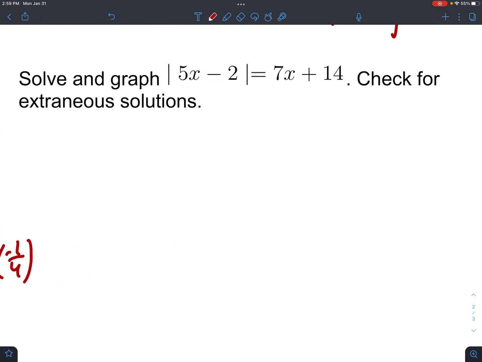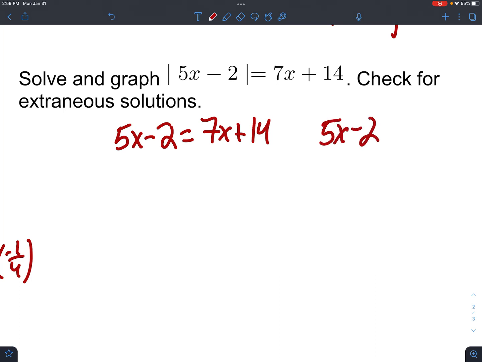Okay, so let's do the same thing for this one and see if we get any other extraneous solutions. So the inside is going to equal the positive, or it could equal the negative.